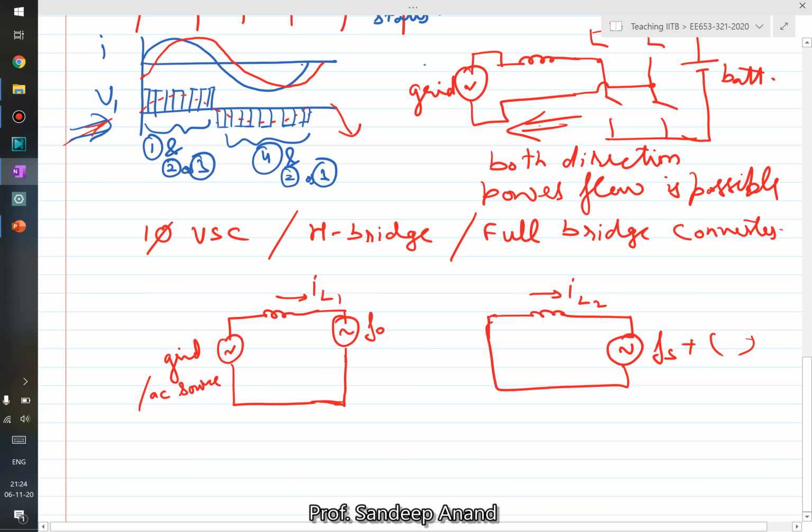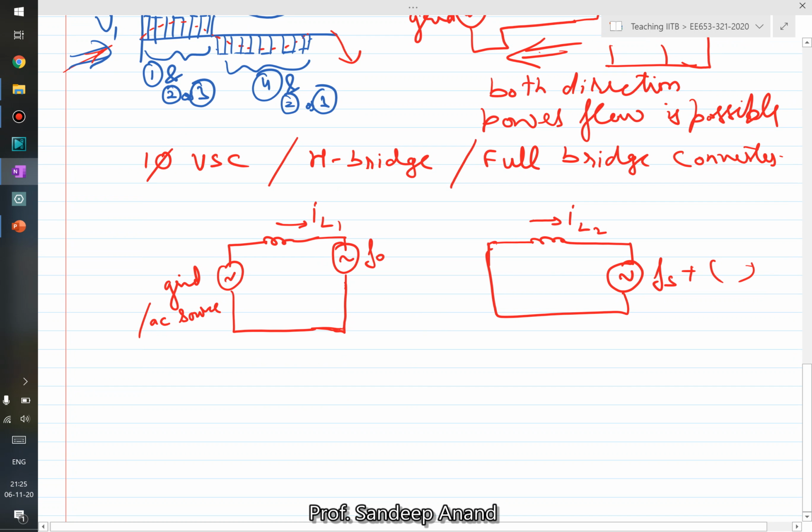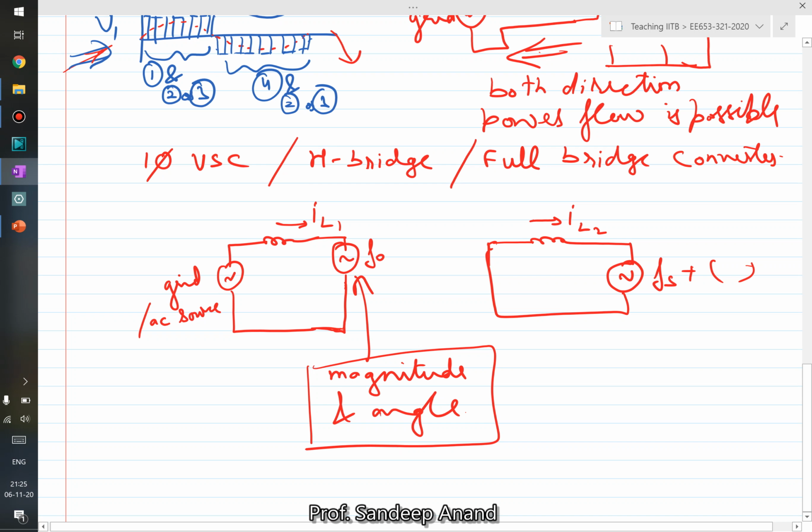You can see that the left circuit is nothing but a very popular circuit which we have been looking at in basic electrical engineering courses, where you have two sources and an inductor connected, right? So by manipulating the source magnitude and angle, you can achieve power flow in different directions, as well as reactive power flow in different directions, right?